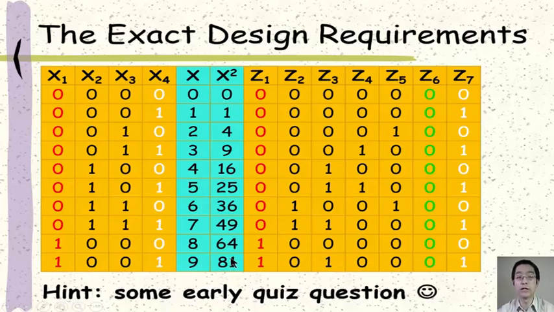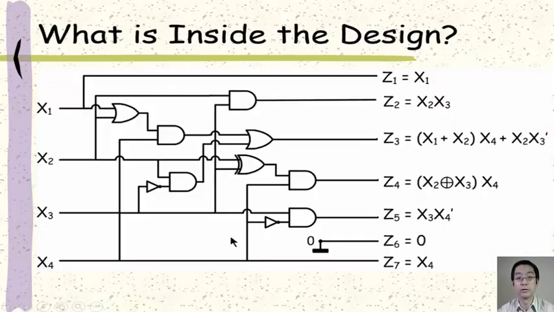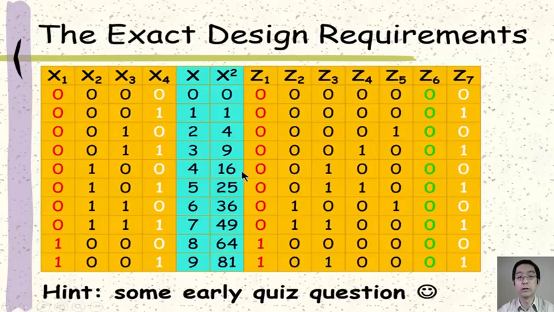So I could use as few as 4 bits to represent these 10 different values. However, the problem with doing that is that if you use only 4 bits, you do not see exactly the values of this output in binary. So that is why, even though Z6 is a constant 0, we still need the output bit to represent it. So in that sense, we have 7 bits as output.